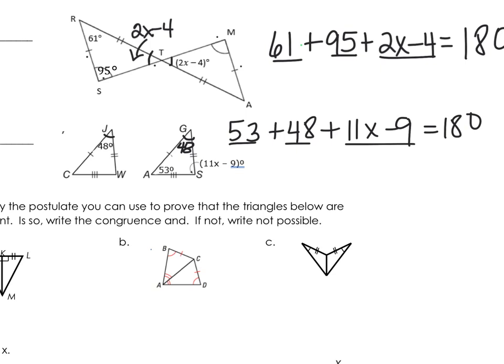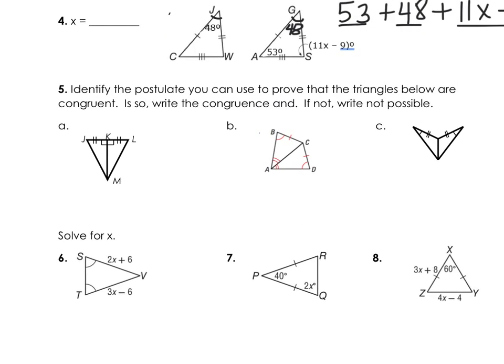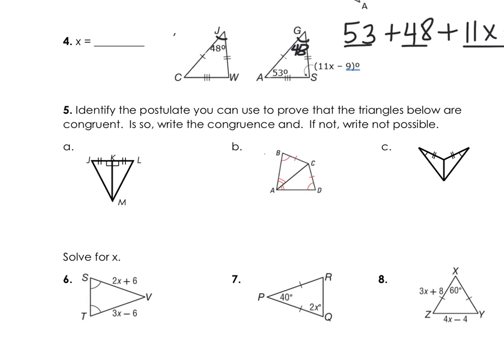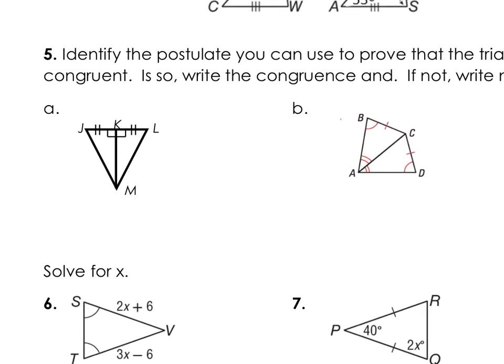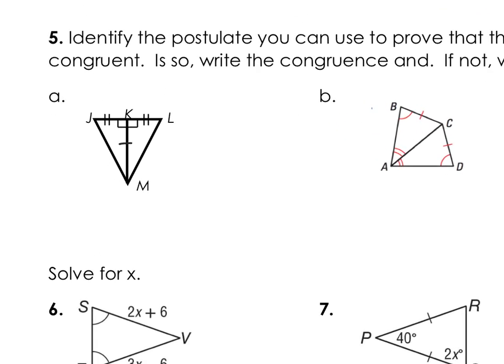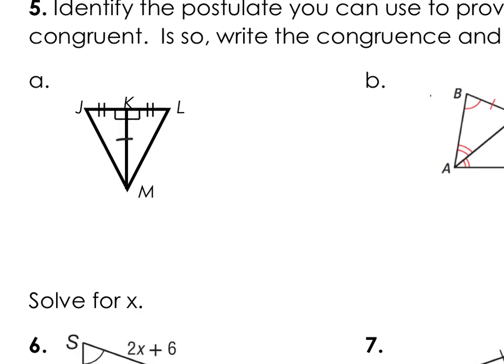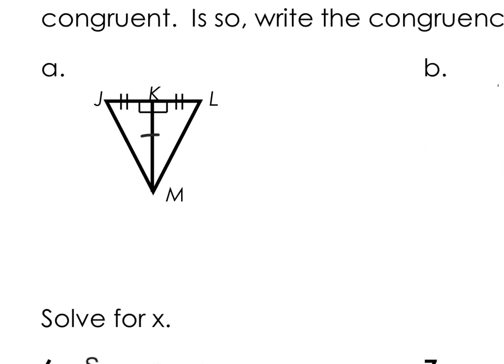Okay, for the next section, it says identify the postulate you can use to prove that the triangles are congruent. If so, write congruent, and if not, write not possible. Okay, so this one has a shared side, and so we know it's congruent to itself. I'm going to make this real big so when I write on it, it's small.